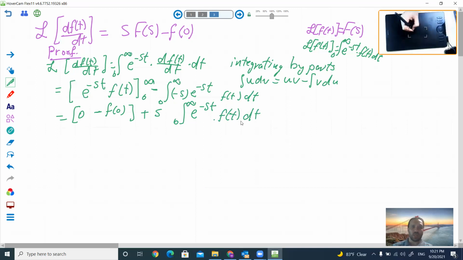Have you seen this term before? Sure. This is the main definition of Laplace transform, which is equal to f of s. So we can replace this term. Let's change the color. So this term equals f capital of s.